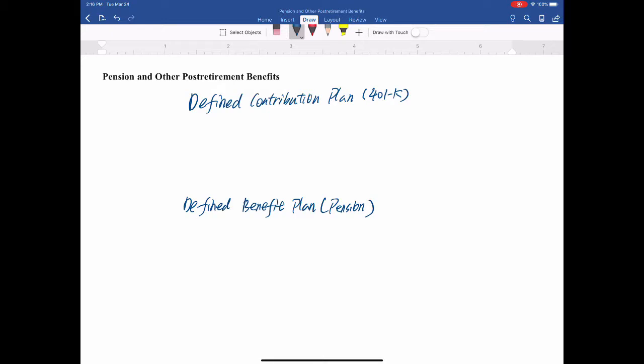We are talking from the employer's perspective. For this plan, the employer promises to place a certain percentage of the employee's salary into an investment vehicle, 401k. So this is like a box of fund. The employer contributes a percentage of the employee's salary into the fund.